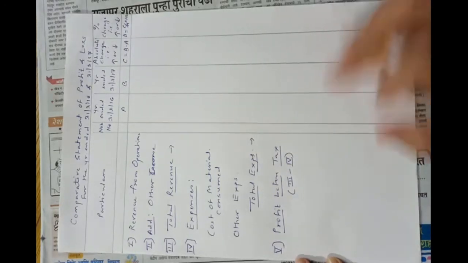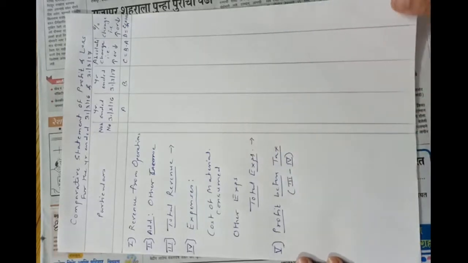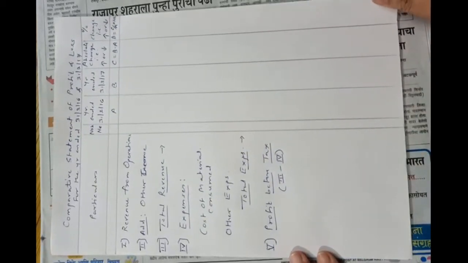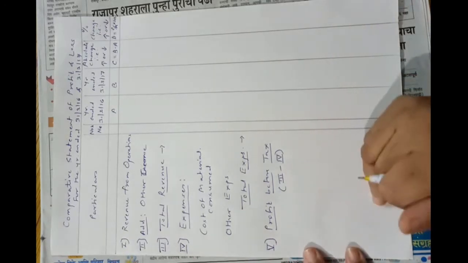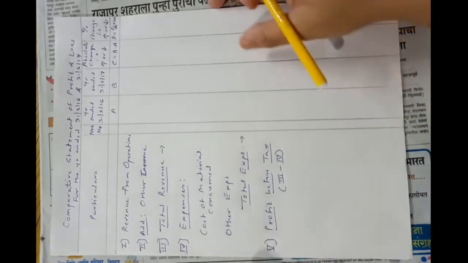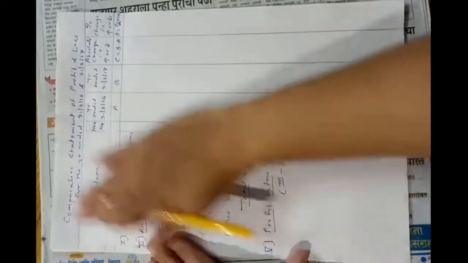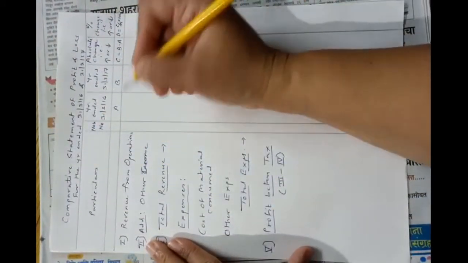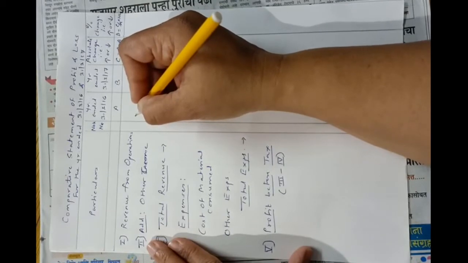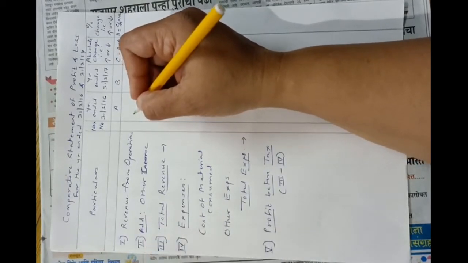We have to deduct to calculate profit before tax. Now in this problem, tax percentage or tax amount is not given, so less tax and profit after tax, these points are not necessary. Okay. Now we will write the amounts. Revenue from operations. In the problem 16 and 17 amounts are given.